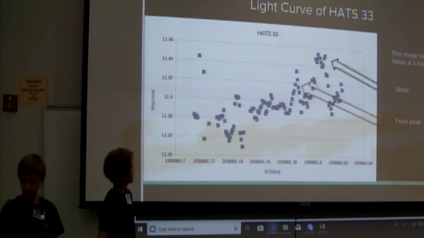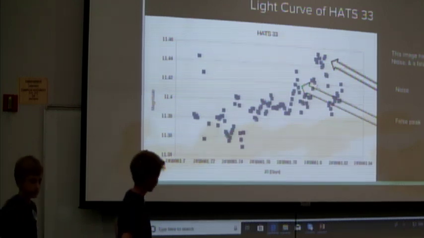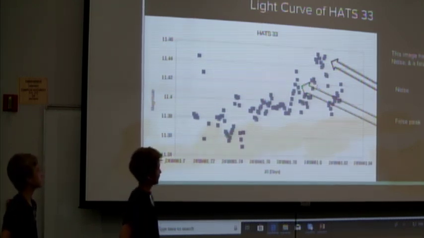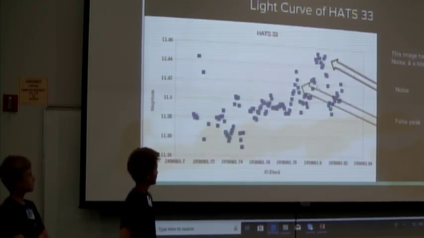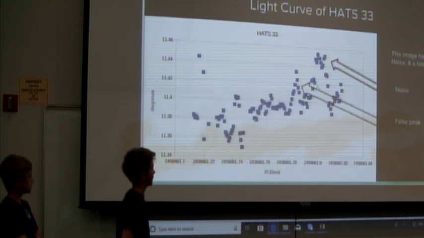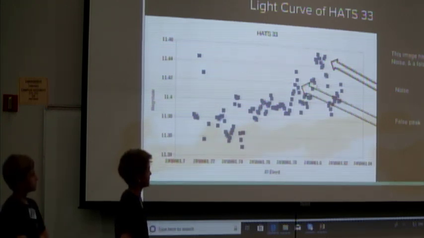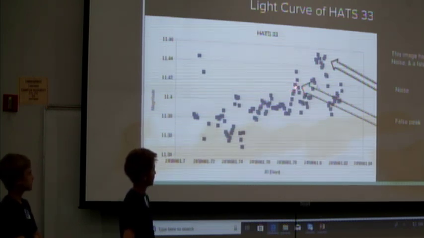HATS-33 was a star that was not recently discovered, but it hasn't really been measured. This graph was not as clean, and as you can see, it had a lot of noise right here and a false peak, which this is the actual peak here.